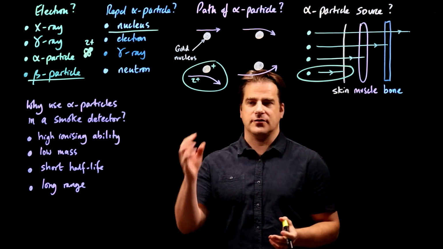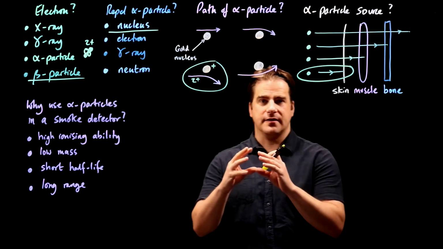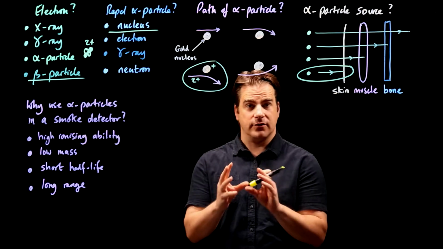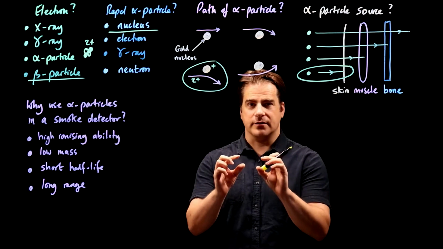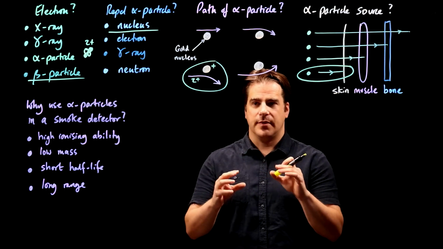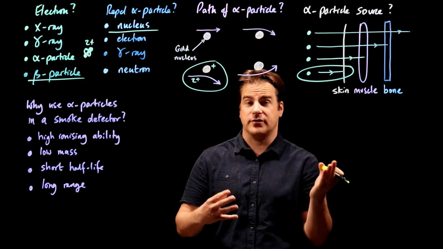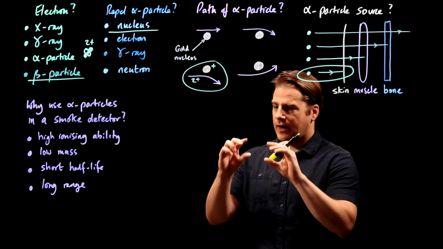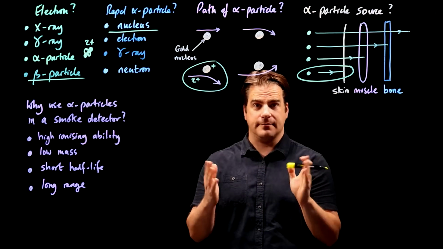You've got an alpha particle source, okay? And the alpha particles ionize the air around the source. What does that mean? It means the air particles around the source become charged. That's what an ion is. An ion has either a positive or a negative charge. And the charged air particles allow current to flow inside the detector.